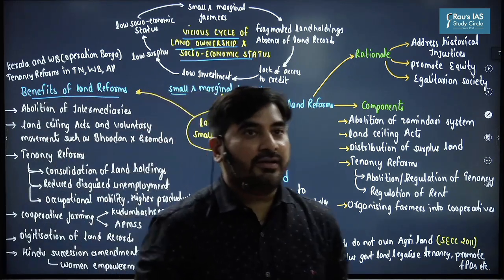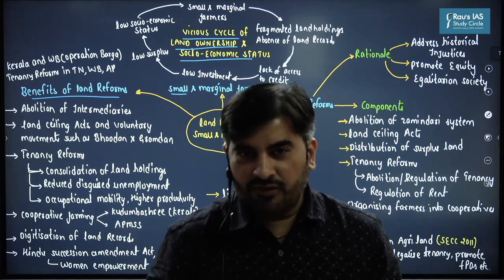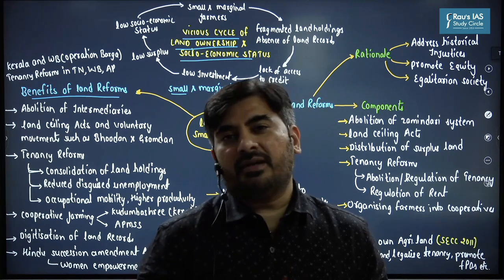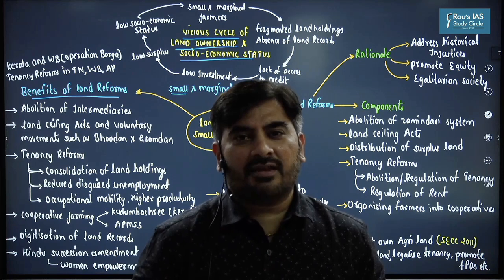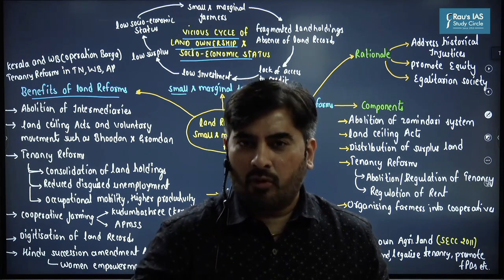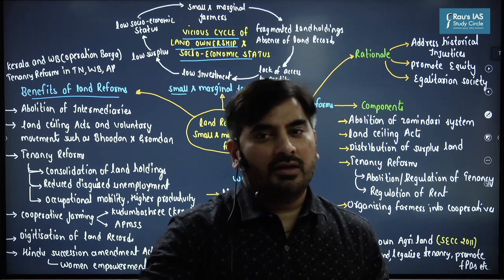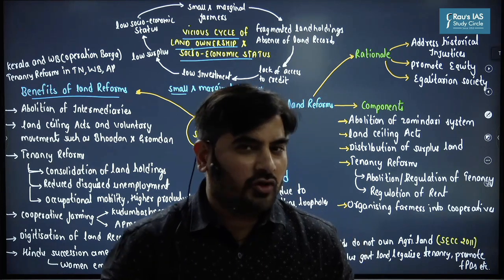Are you getting this point? So what are the points? See, first and foremost, you can write general points such as abolition of intermediaries, land ceiling acts, abolition of zamindari system. All of these have promoted equity in land ownership. It has addressed the historical injustices. So those points you could incorporate.